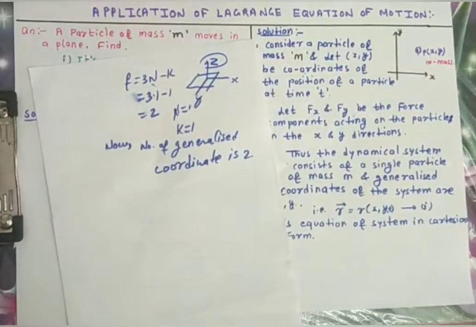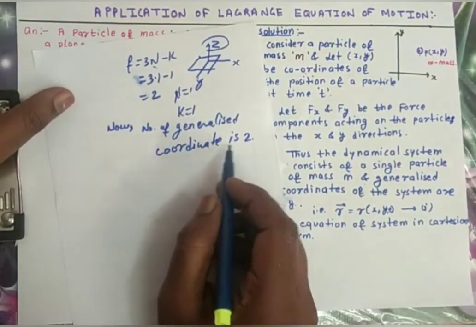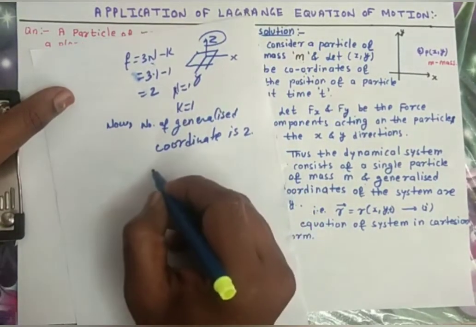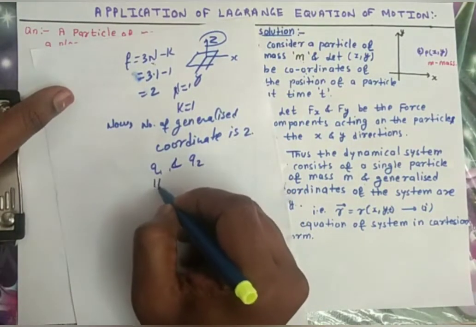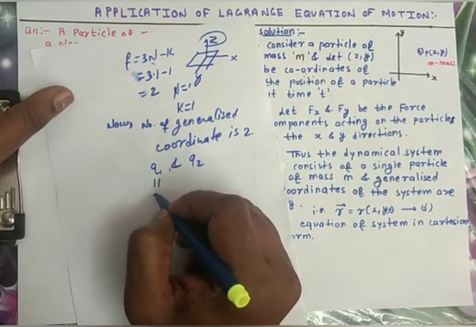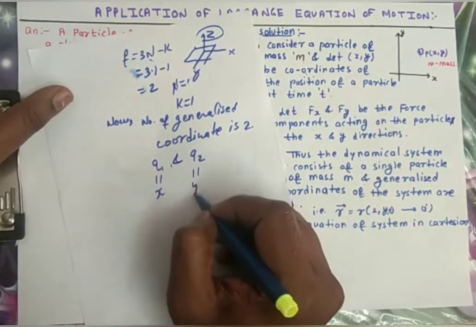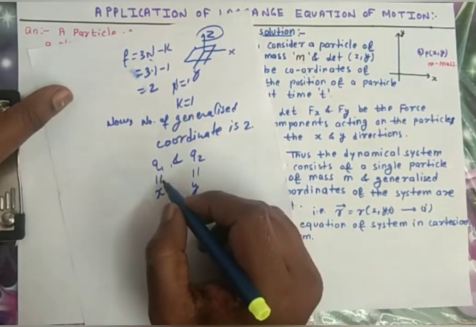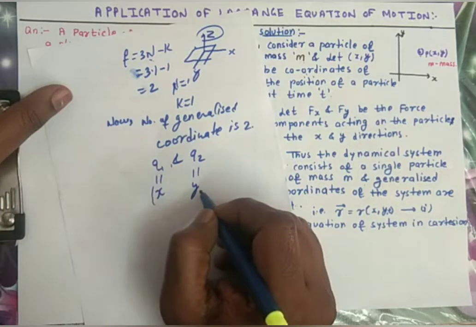One more thing, in the previous question we obtained that the number of generalized coordinates is 2, that is q1 and q2, and here we take q1 for x and y for q2. So our generalized coordinates are again x and y.